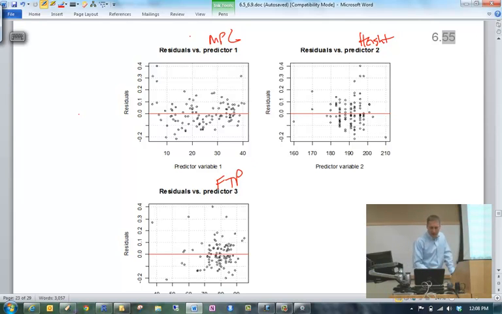So what do you think of this residual versus MPG? It looks pretty randomly scattered, except I'm a little bit concerned that we got some stuff going up here. Notice if I were to draw a line here, you see a little bit of an upward trend.